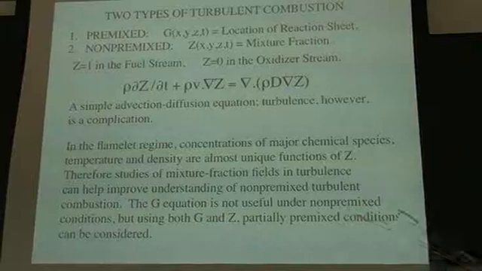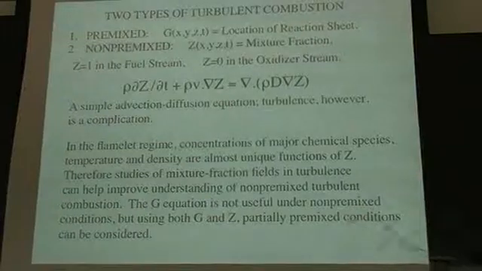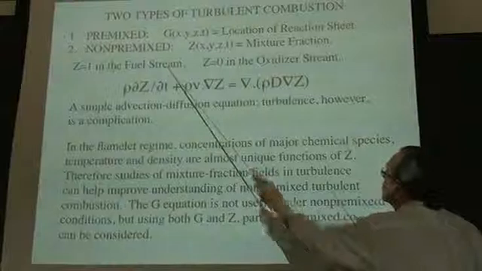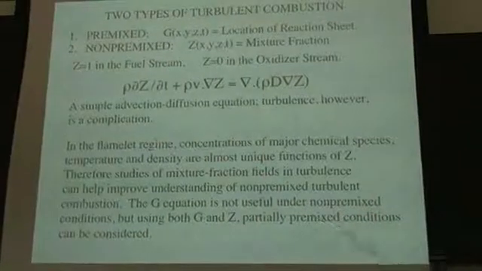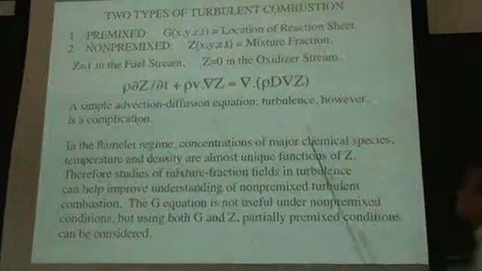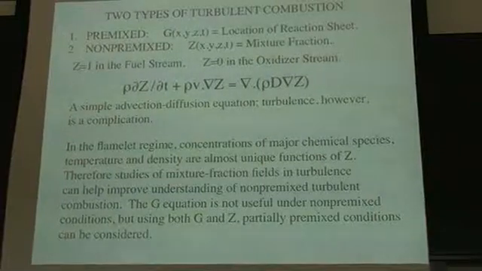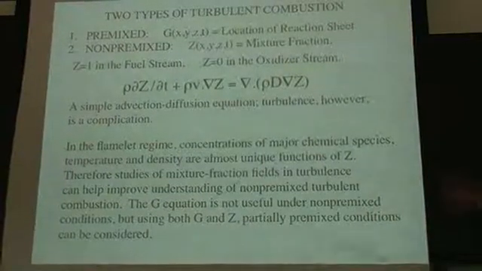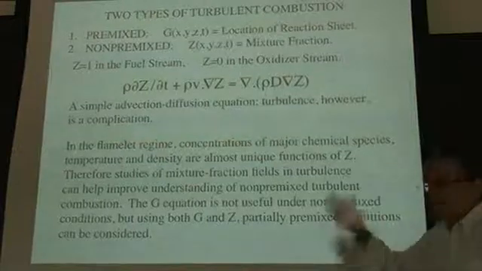In a non-premixed situation, I suppose you still could define a reaction sheet, but it's more convenient to work with mixture fraction Z, which is 1 in the fuel stream, 0 in the oxidizer stream, and which obeys a simple advection-diffusion equation without a chemical source term, because it's a conserved scalar chemically.